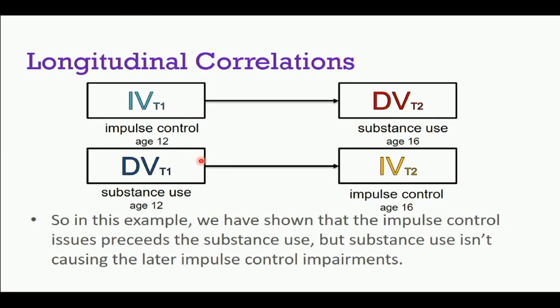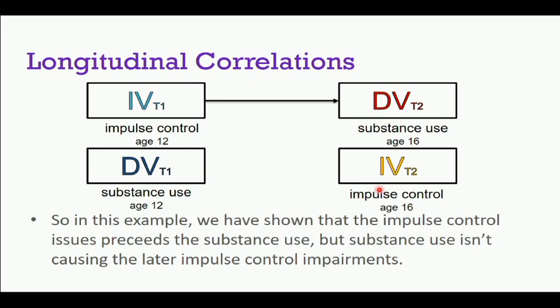But if we find that their substance use at age 12 had no correlation with their impulse control issues at age 16, well, then we've got a unidirectional relationship, and we can actually establish temporal precedence.